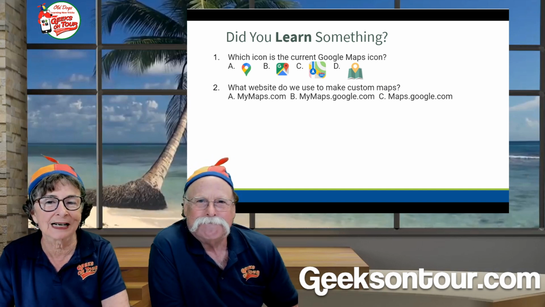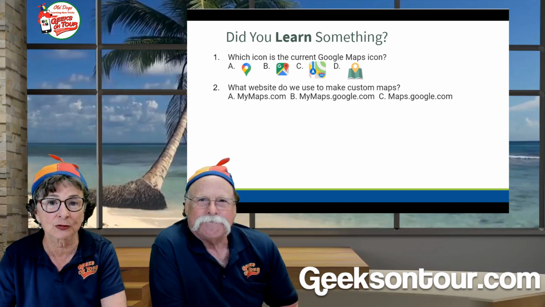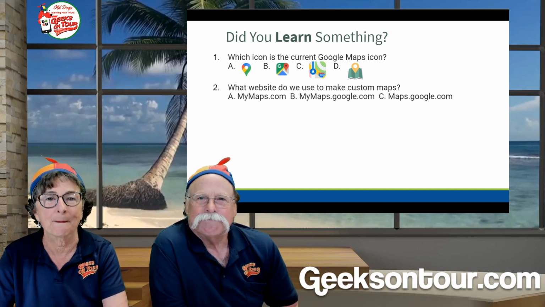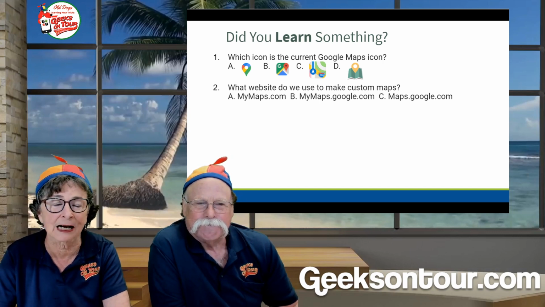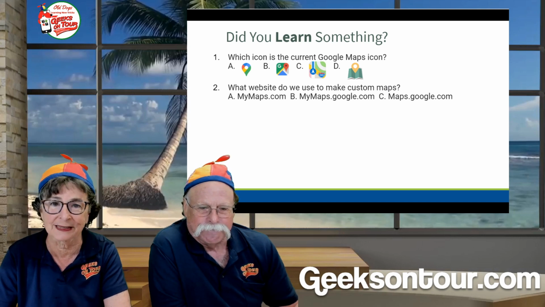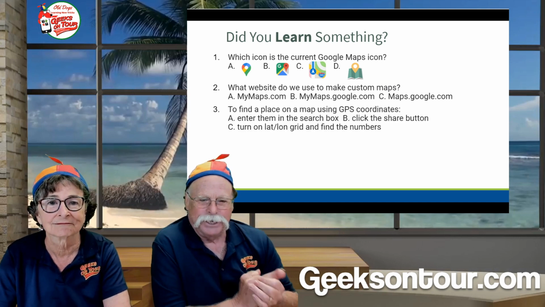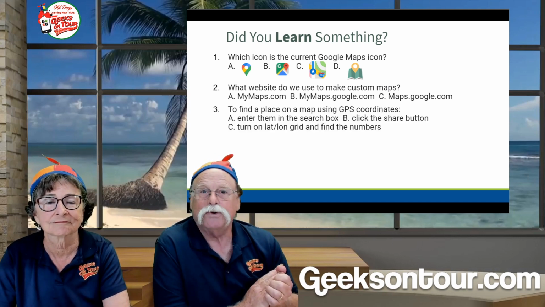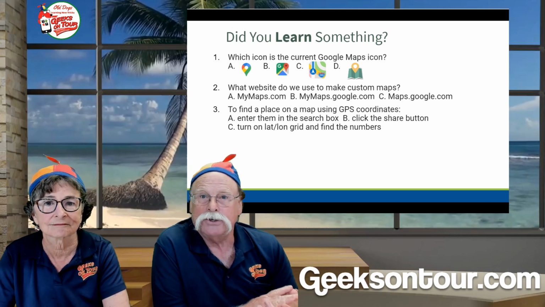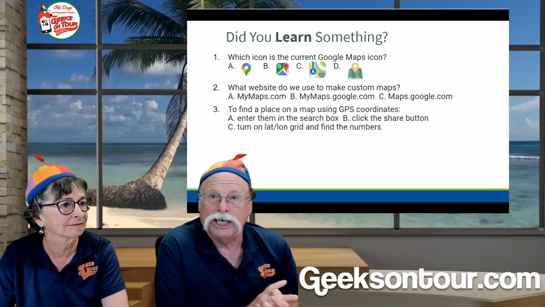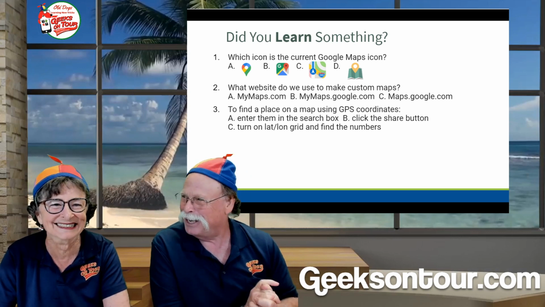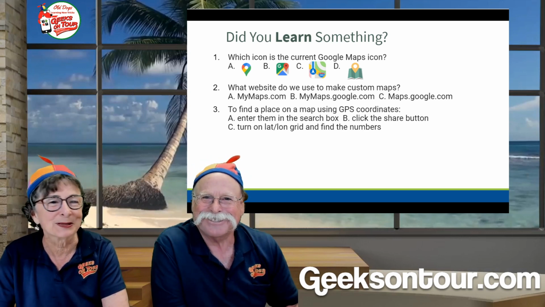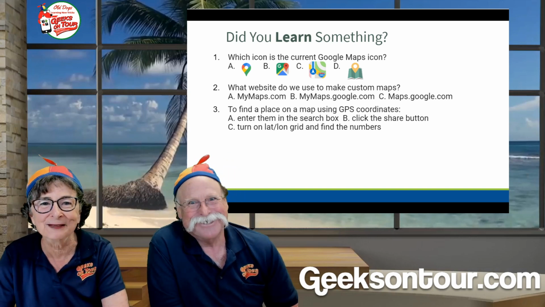Well, maps.google.com is just Google Maps. So it's mymaps.google.com that is the correct one. And be careful, if you type mymaps.com, it takes you somewhere, but it's not Google. To find a place on a map using GPS coordinates, A, enter them in the search box, B, click the share button, C, turn on Lat Long Grid and find the numbers. That used to be, long ago, the only way.